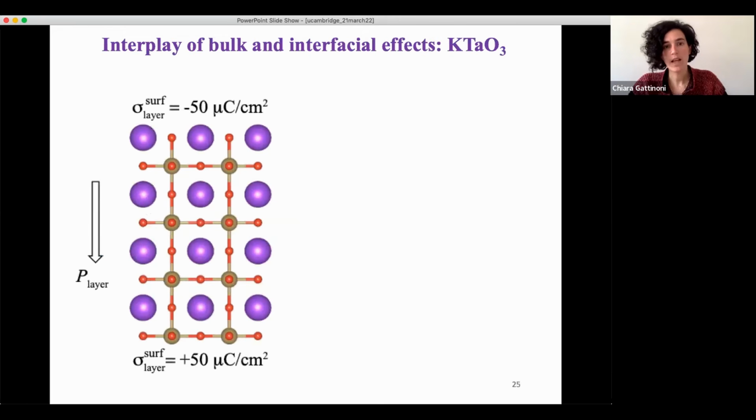And what we found is that it has layer charges of the same type as bismuth ferrite. So it's +1 for the B site and -1 for the A site. Then the layer polarization and the induced charge is ±50 microcoulomb per centimeter squared.